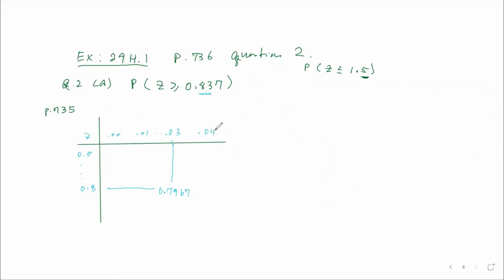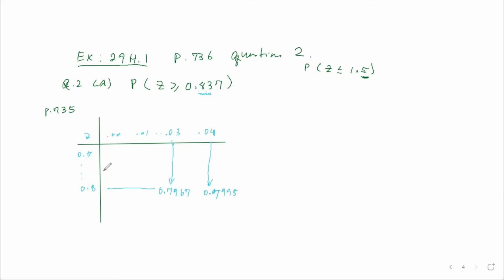From here you read down and read 0.84 here. What is the number next one? 0.7995. This one 0.7995. Okay, because 0.837 is between here, correct?